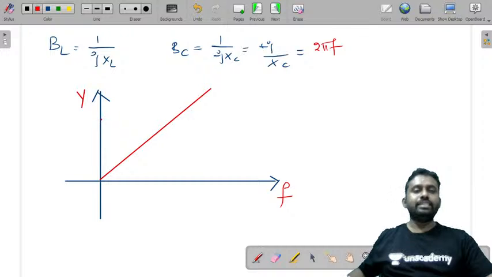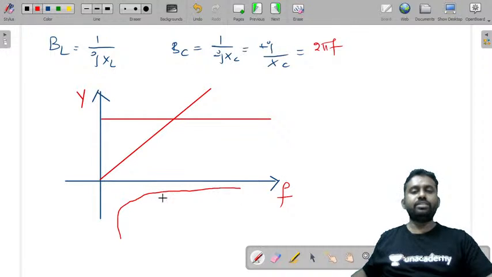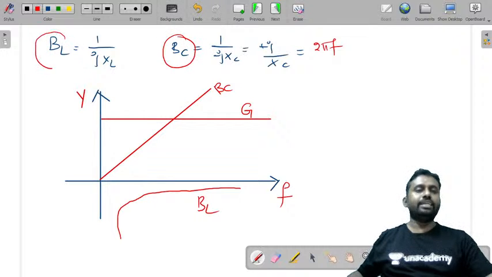Conductance is a constant line which does not change, and inductive susceptance is inversely proportional to frequency. So this is conductance, this is BC, the capacitive susceptance, and this is BL, the inductive susceptance.